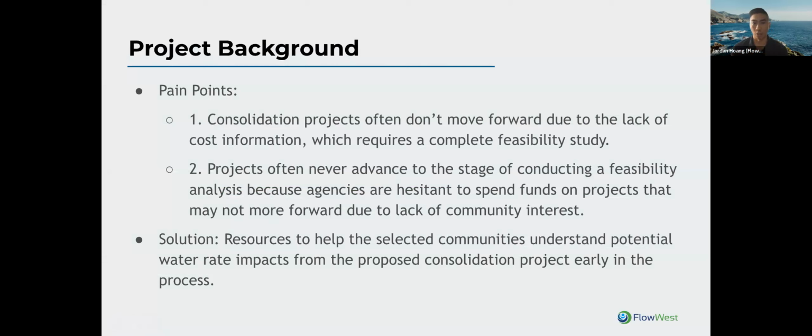That requires pretty in-depth, complete feasibility studies that have to take into account the cost of consolidation as well as asset replacement if there is no consolidation. But you don't really get to that point in projects because that lack of information and lack of community interest makes it hard to convince people to spend those public funds on projects.